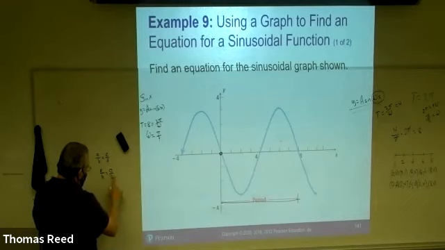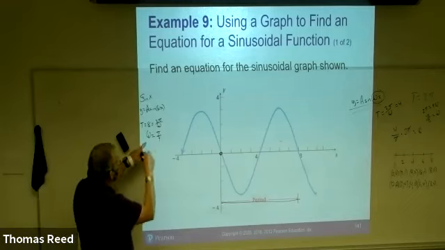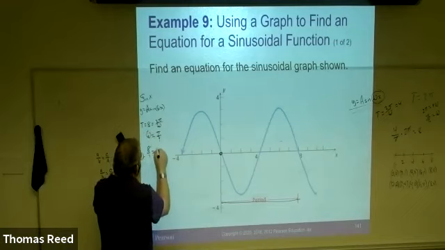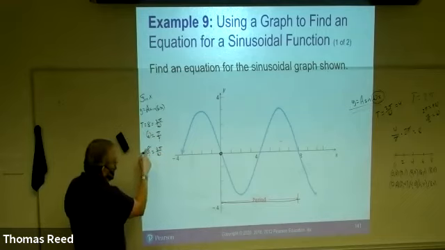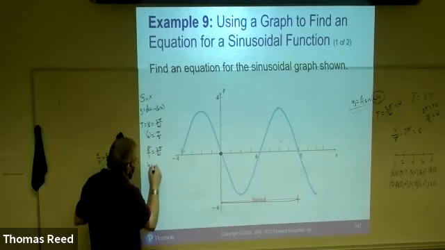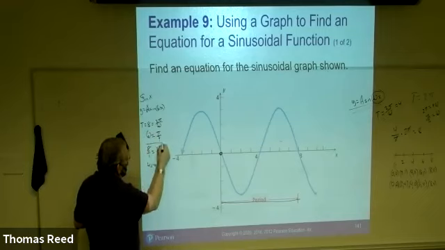So this 8 is 8 over 1, and this is 2 pi over omega. So I can just switch the omega and the 8. And so this is going to tell me that omega equals 2 pi over 8, which reduces to this.